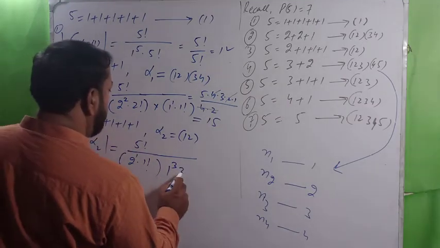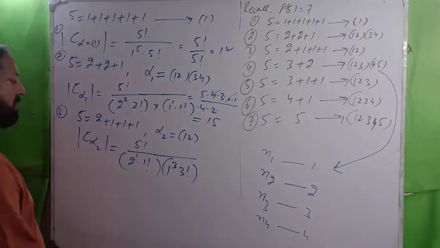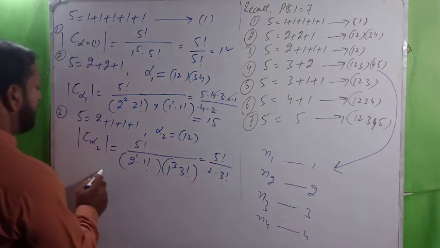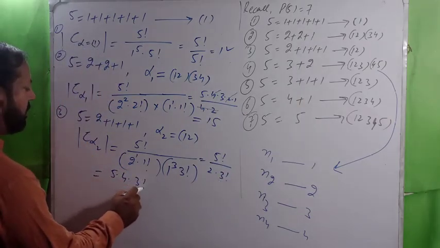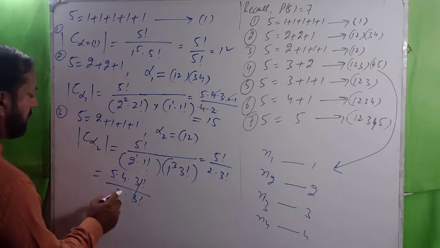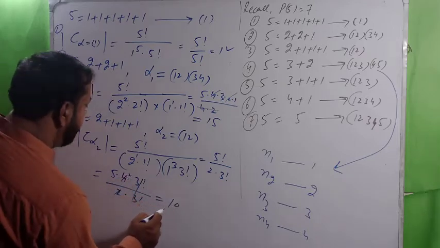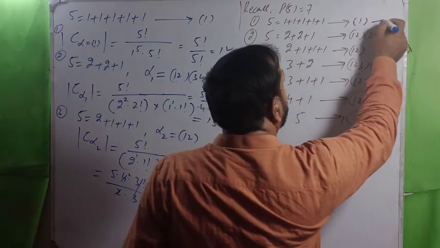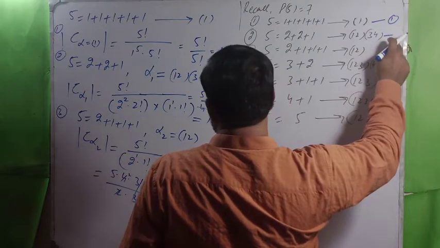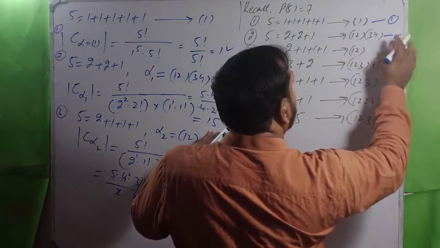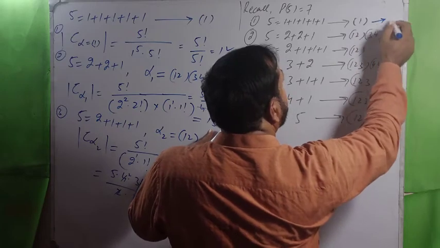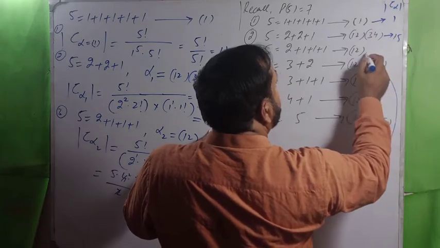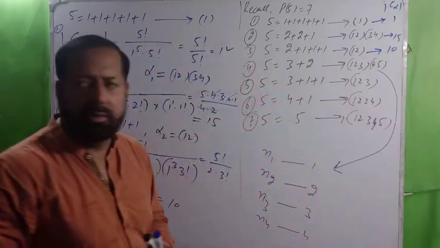So this is 5 factorial over 2 into 3 factorial, which is equal to 5, 4, 3 factorial over 2, 3 factorial. These are cancelled, 2 to the 4, so 10. This means the first class contains 15 elements, and this conjugacy class contains 10 elements, right?